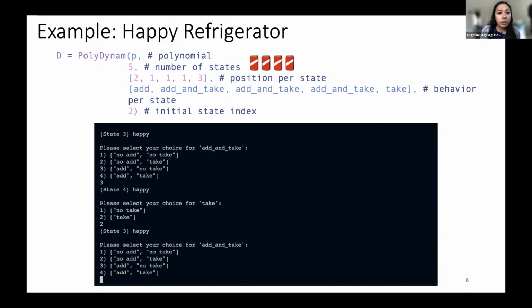And so what you just saw was a little demo of the dynamical system running and a user providing input at every state of the system so that it can move to the next state. And that was all implemented using the finite polynomial library or module in CATLAB.